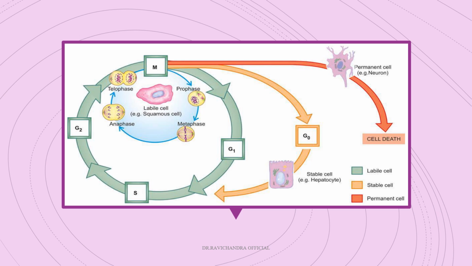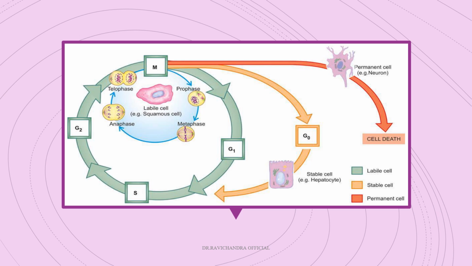The green arrows are indicated for a labile cell, the orange is indicated for a stable cell, and the red is indicated for a permanent cell. So out of all the labile cell, stable cell and permanent cell, in the previous videos we have learned that labile cells will go through regular regeneration and repair, and they will be continuously dividing.